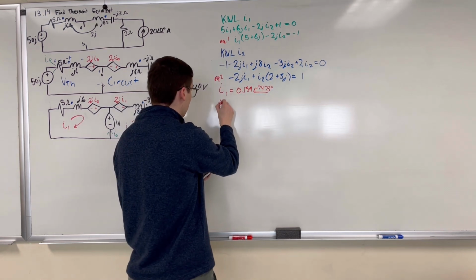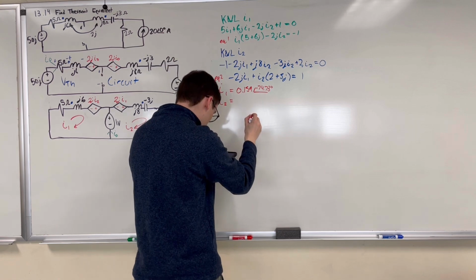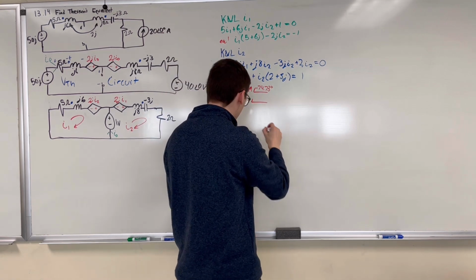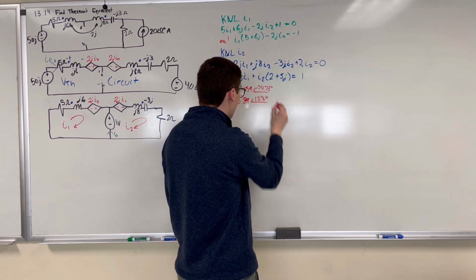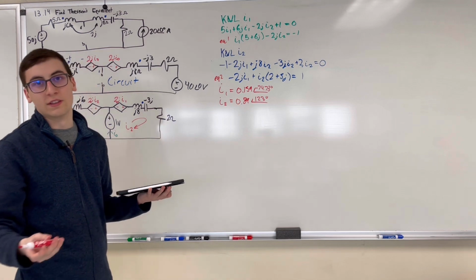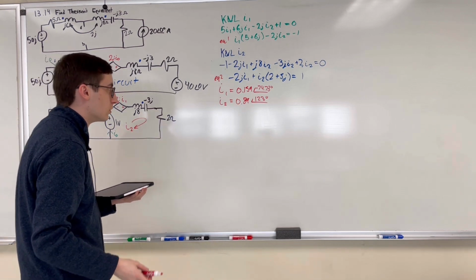And we get that I2 is equal to 0.89 with a phase angle of 123. The reason I always use polar form is that I'm just too lazy to change the setting in my calculator, so I just keep it this way.